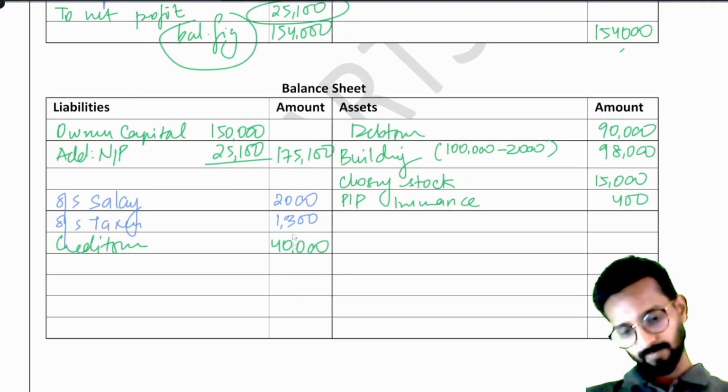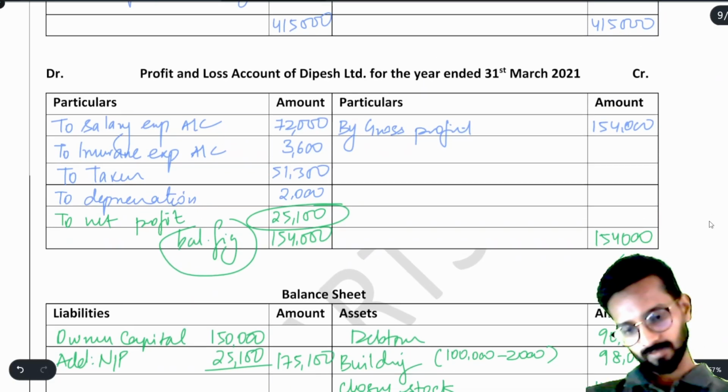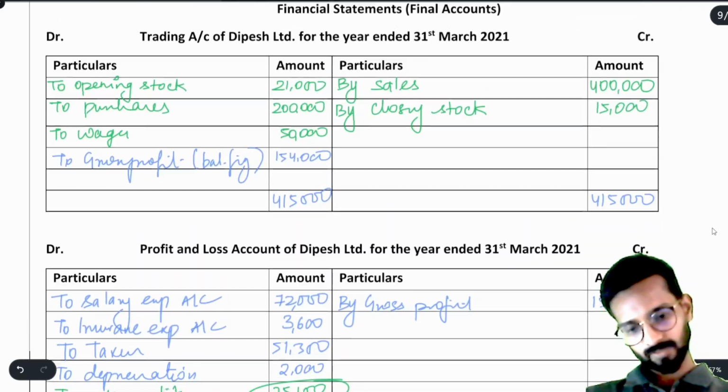Now do the total. The total will be 2,18,400 here, and here also 400 as it is, then after adding up, are we forgetting something? 2,000.